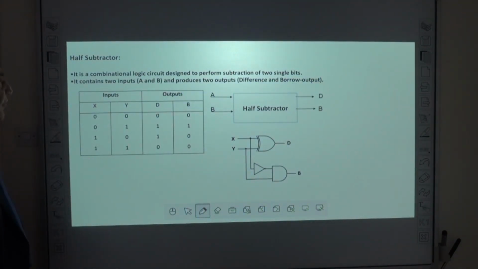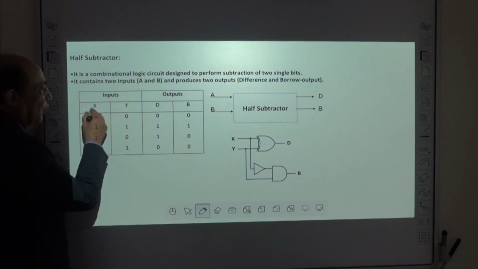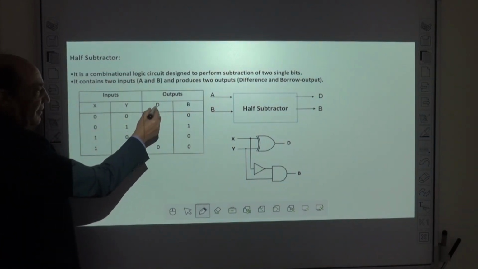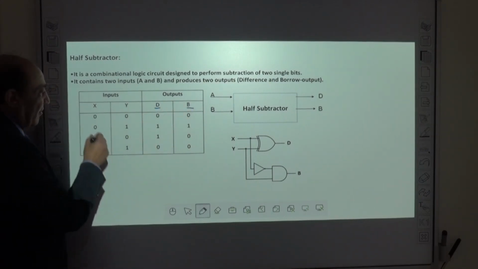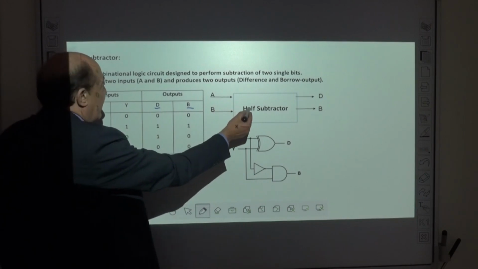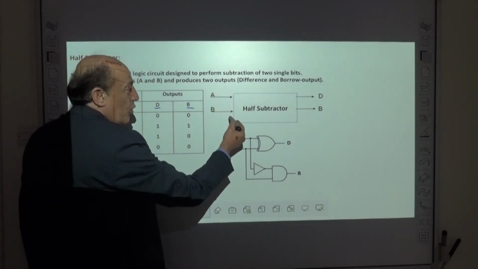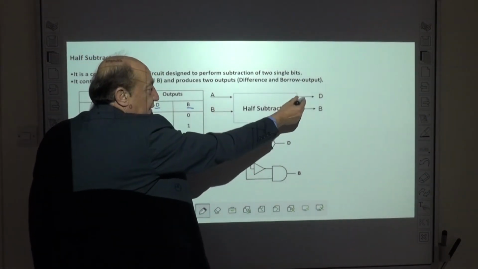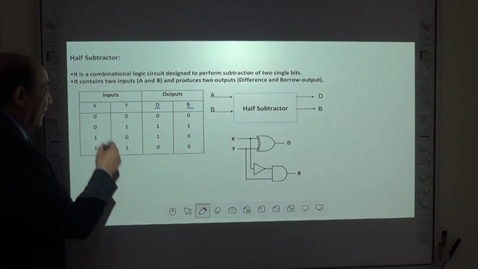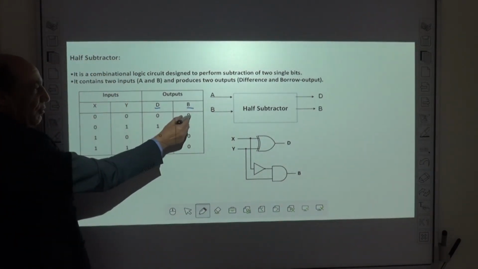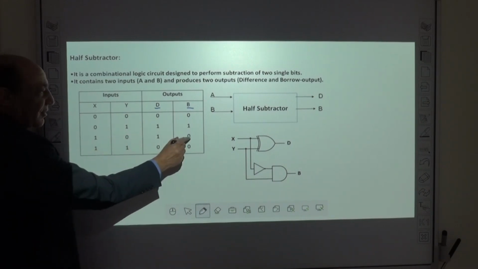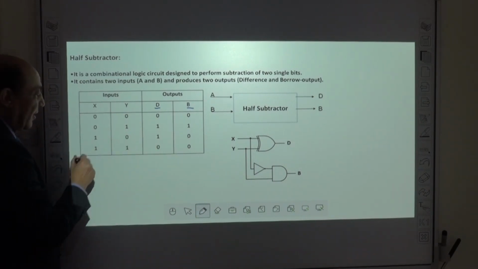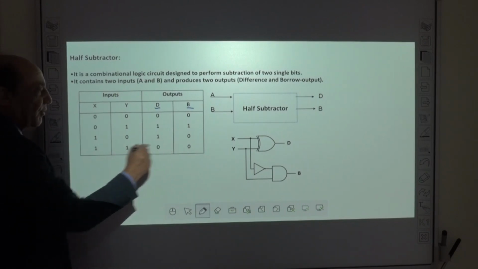Next we move to the half subtractor. It's used to subtract 2 bits and outputs the difference and the borrow. So this is the graphic symbol, 2 inputs and 2 outputs, difference and borrow. 0 minus 0 is 0 and no borrow. 1 minus 0 is 1 and no borrow. 1 minus 1 is 0 and no borrow.